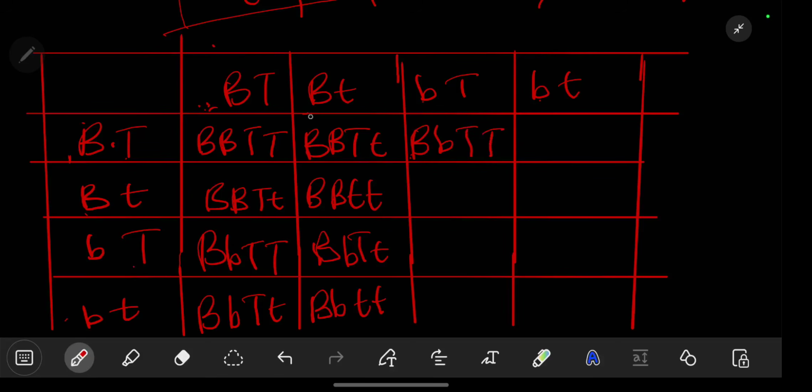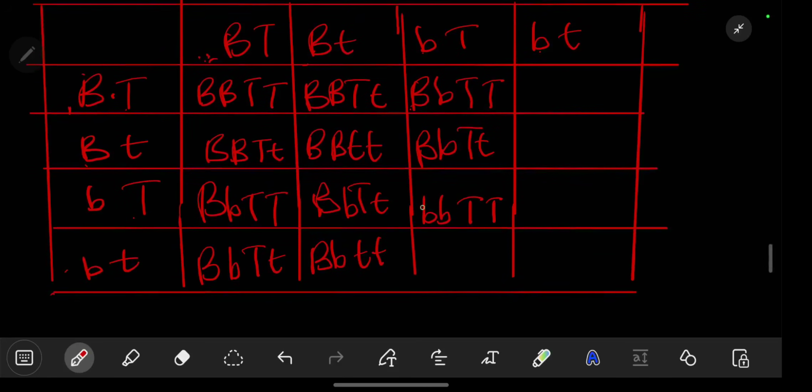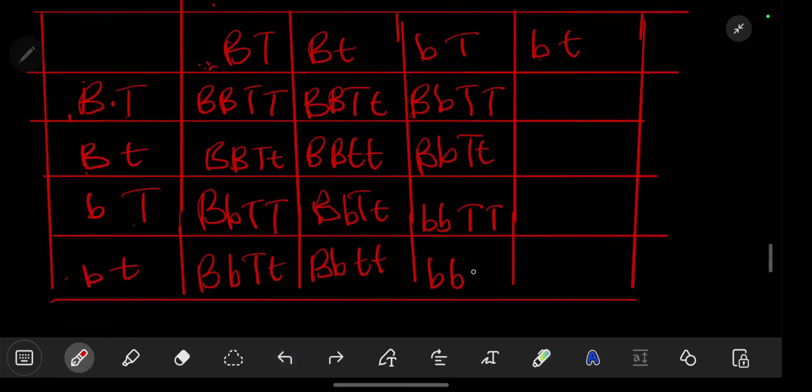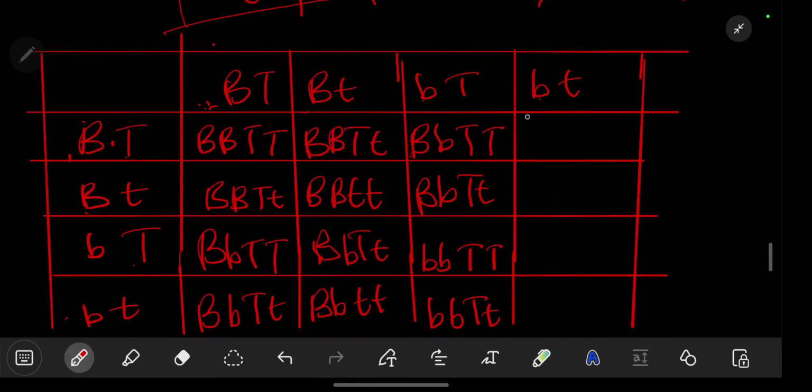Yeah, so we are here now. We have our big letter B, small b, big T, small t. We have our b, small t, big T, big T. We have our b, small t. Okay, so we have our big T, small t, like that. Then here we have our big B, small b, big T, small t.